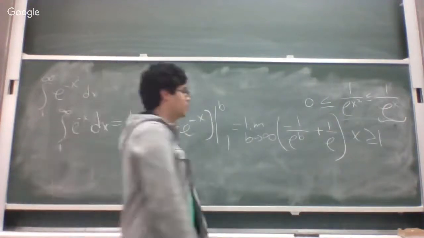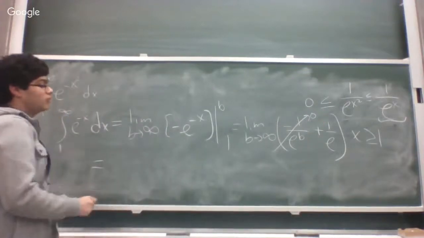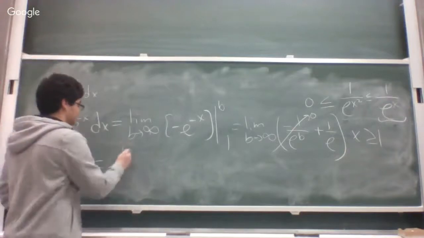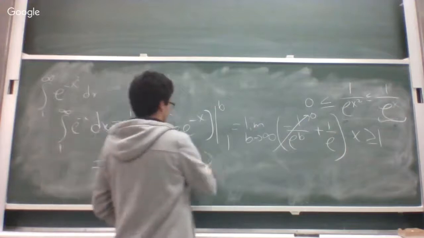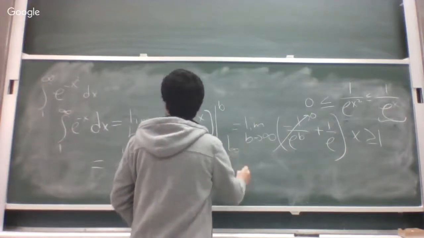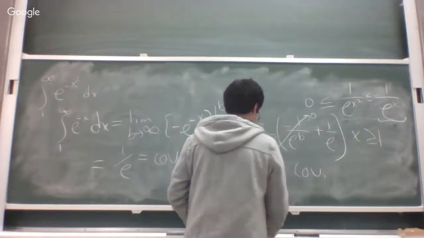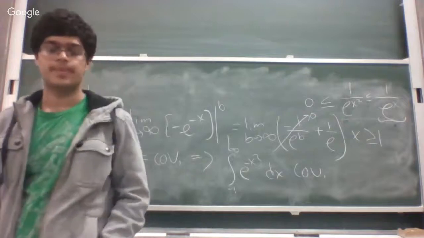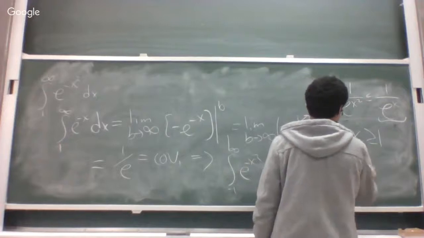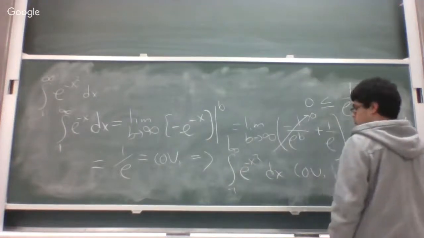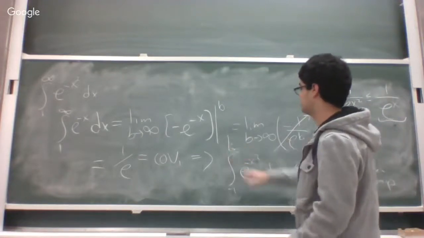This goes to 0 because e to the b in the denominator goes to infinity. We are left with 1 over e, which is converging. Therefore, the integral from 1 to infinity of e to the minus x squared dx converges, and we have that by direct comparison.